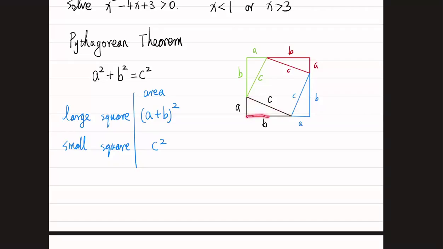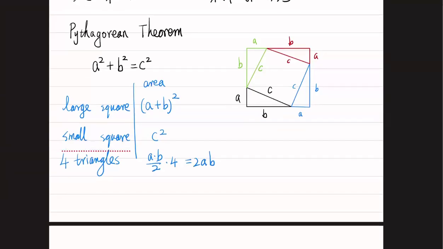Base times height divided by 2. So that'll be A times B divided by 2, or A times B times 1/2. How many of these do we have? 4. So 4 triangles. So the area will be AB half times 4, which is 2AB.